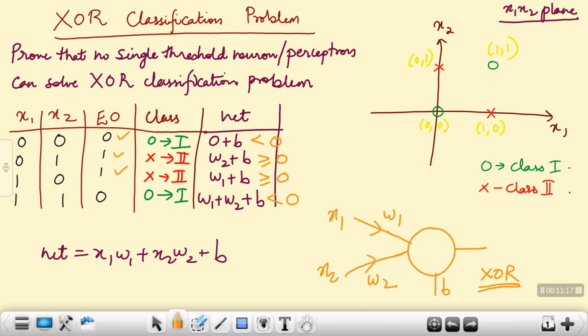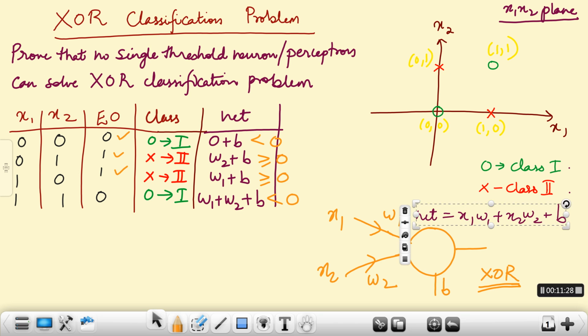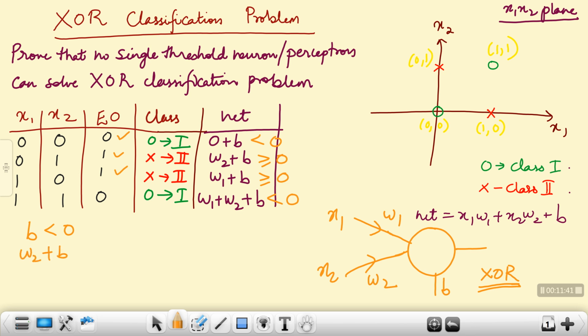So will these conditions be satisfied? Let's see. The first condition says that bias should be less than 0. The second condition says that w2 plus bias should be greater than or equal to 0, which means w2 should be greater than or equal to minus bias.